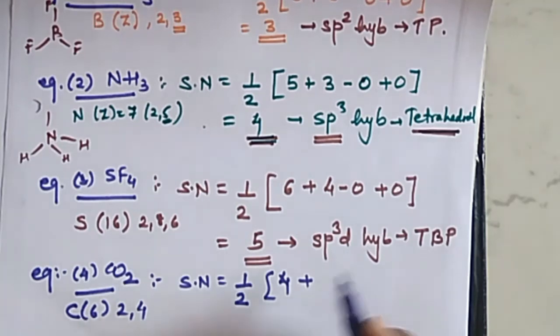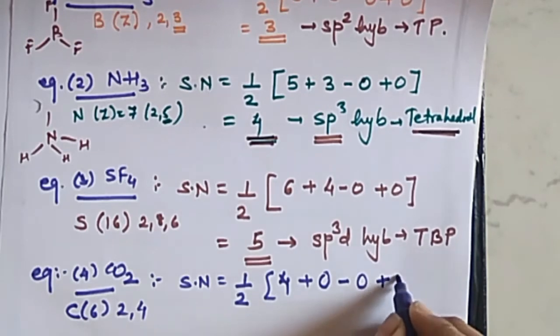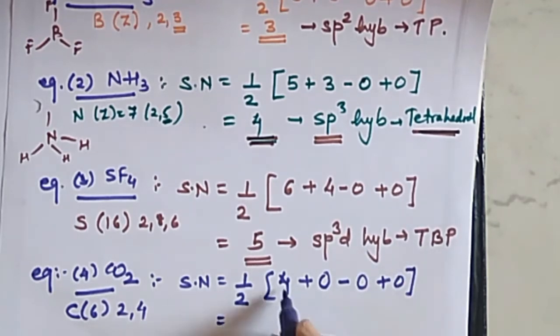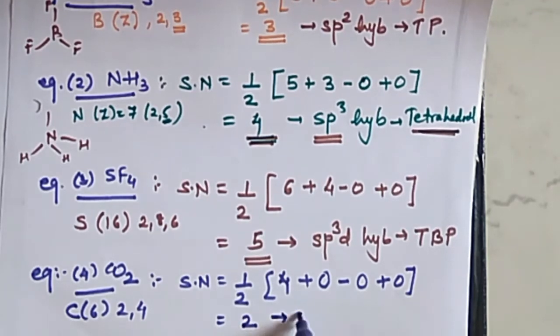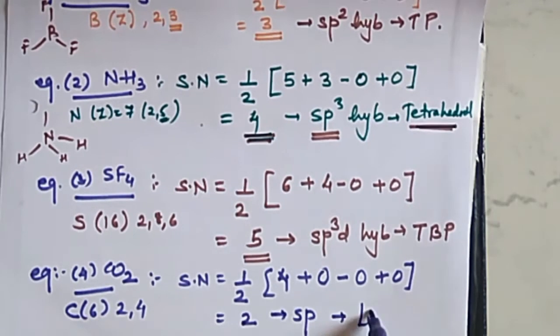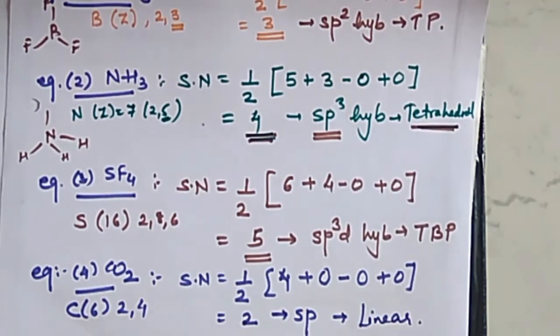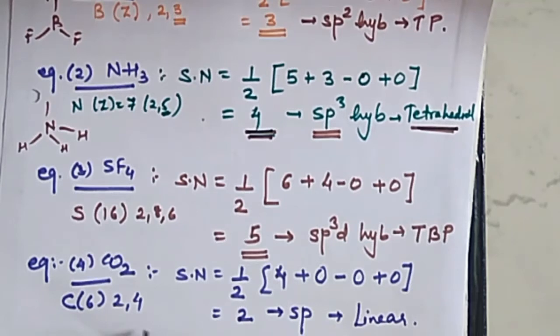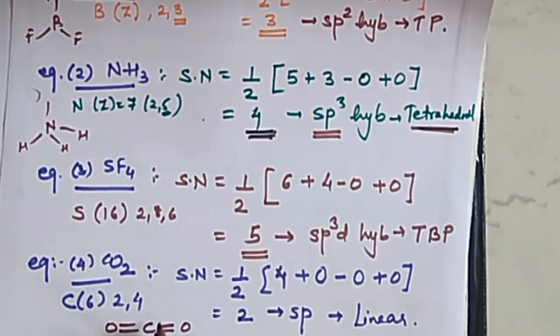Oxygen is bivalent, so no monovalent atoms, minus 0, no cations, plus 0, no anions. So this is 4 divided by 2, so 2. That means its hybridization is sp and its regular geometry should be linear. And we get this linear geometry for CO2. It is this way because we don't consider the pi bonds for determining the structure of a molecule.